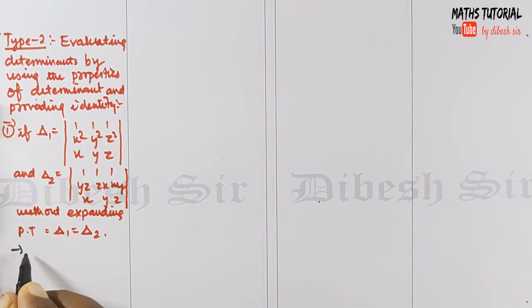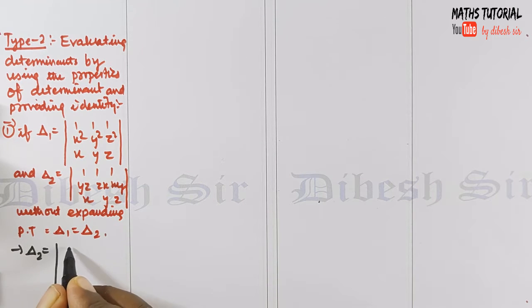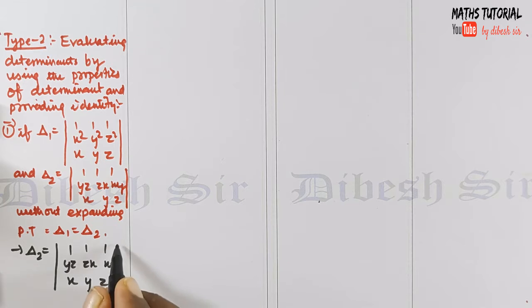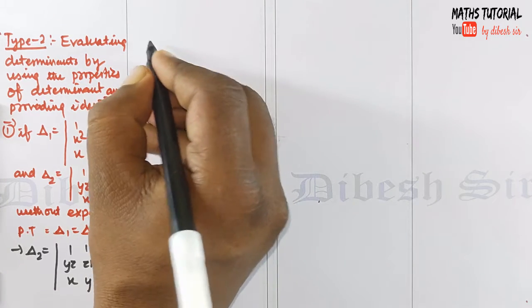First take delta 2, which is equal to the determinant 1 1 1, yz zx xy, x y z. So here multiply x on the first column, multiply y on the second column, multiply z on the third column.